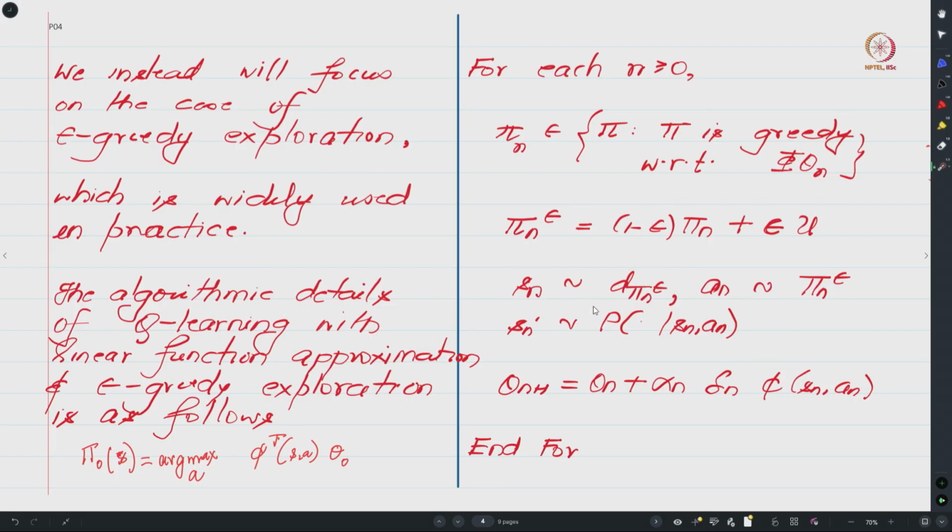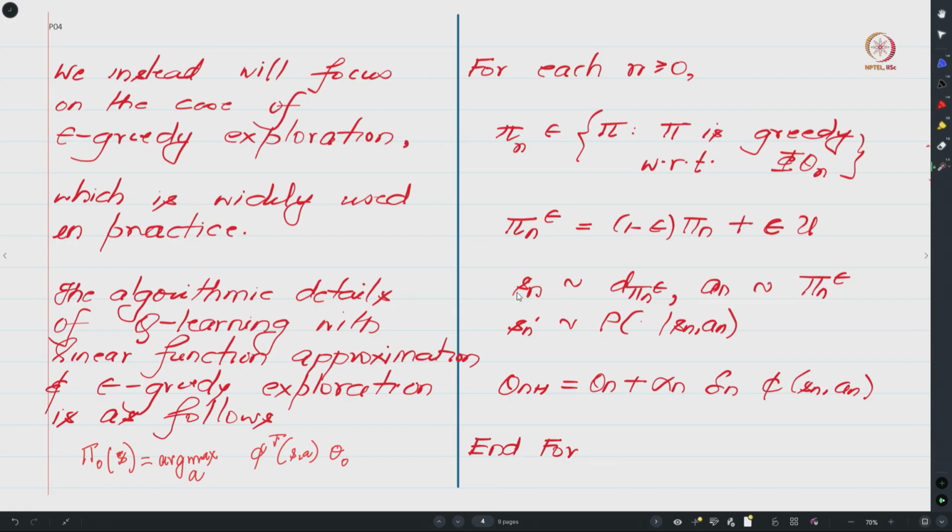So you sample Sn in this fashion and An from this pi n epsilon. So whatever is your state, you pick the action as per your epsilon greedy policy, and once you have this state and this action, you sample your next state, that is Sn prime, from your transition kernel.